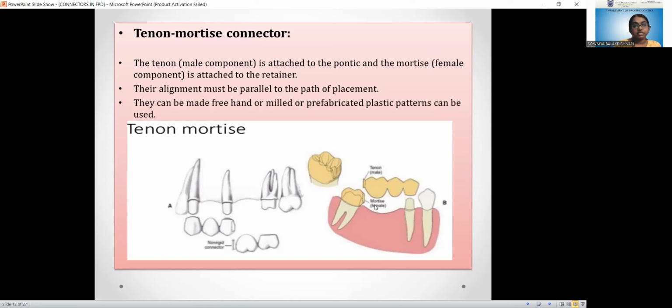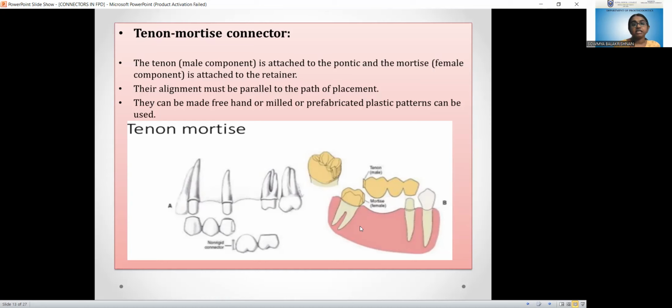The tenon, the male component, is attached to the pontic, and the mortise, or the female component, is box shaped. It is attached to the retainer, and their alignment must be parallel to the path of placement.